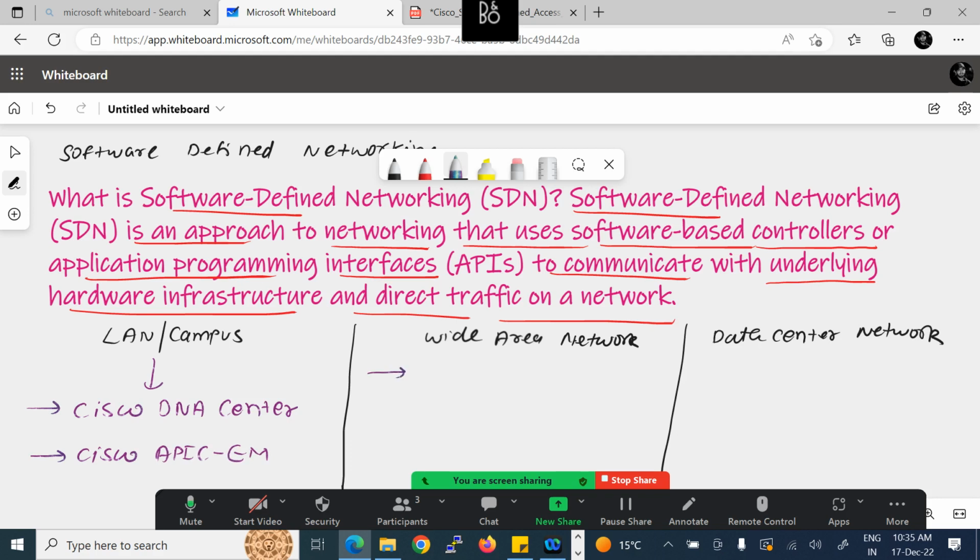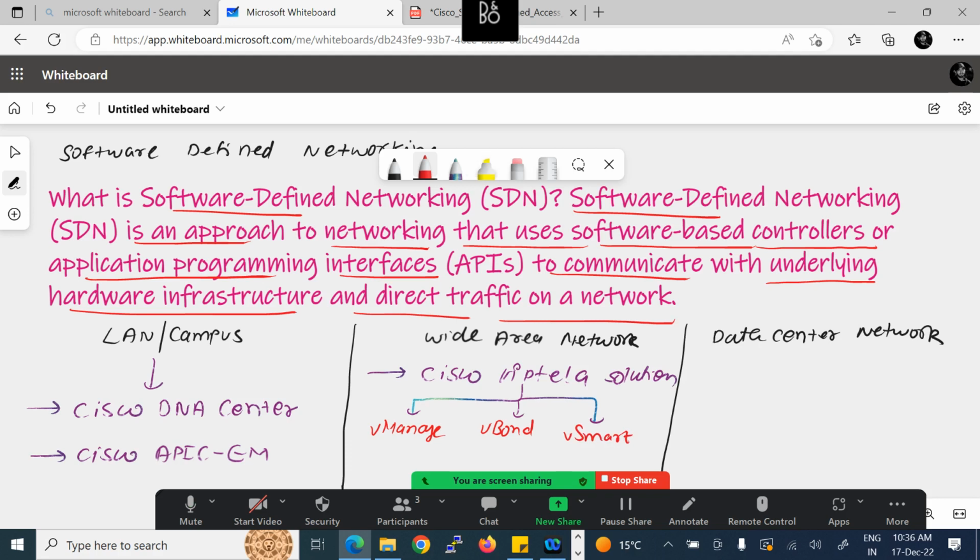But for the wide area network, we have the Cisco Viptela solution. In the Cisco Viptela solution, we have mainly three controllers. The first controller is known as vManage, vBond, and vSmart.